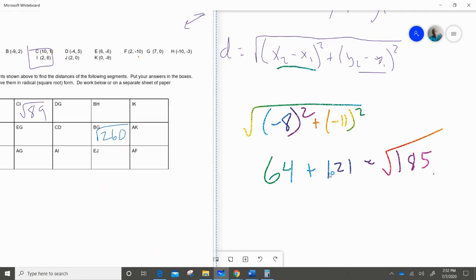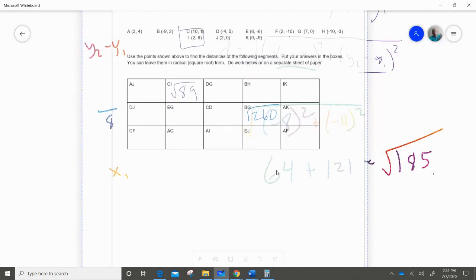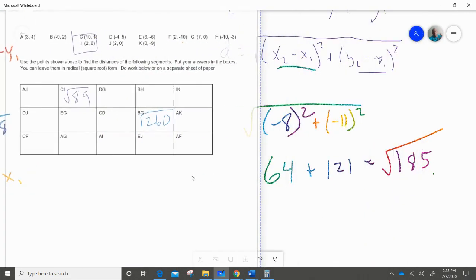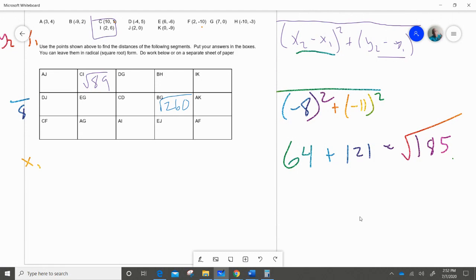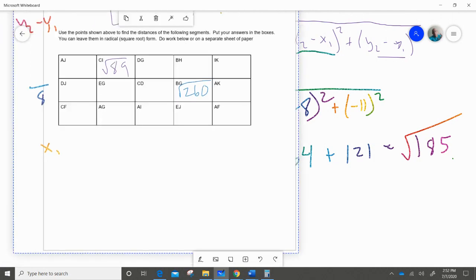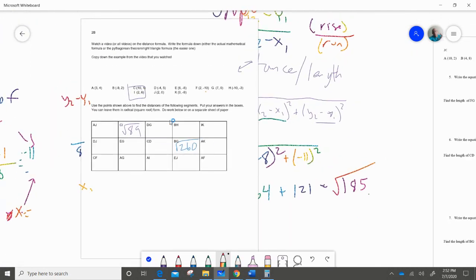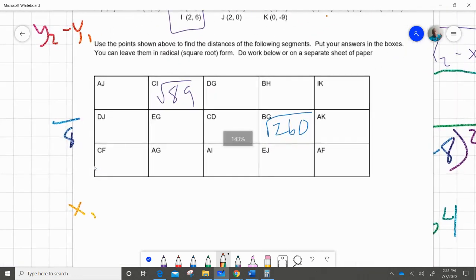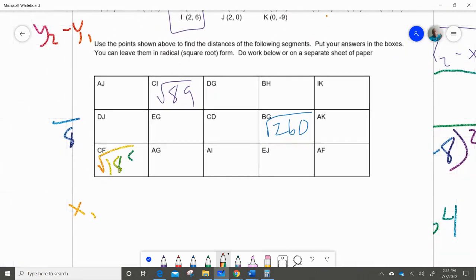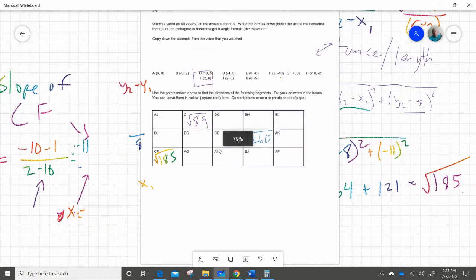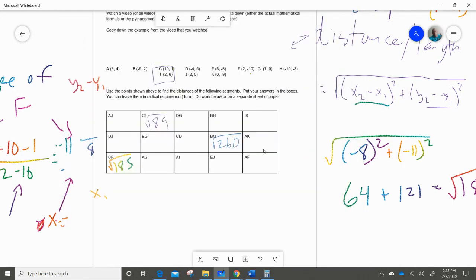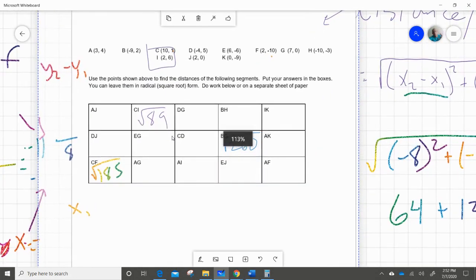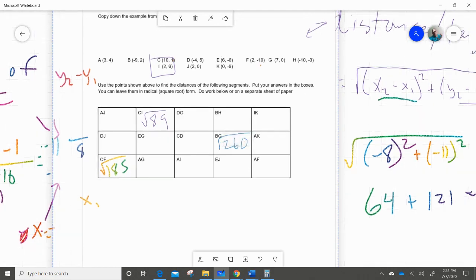Same formula, ladies and gentlemen. I think we were doing CF. So we get root 185, and again, it took care of a little bit of our work finding the slope. So that's the distance formula, really pretty simple.